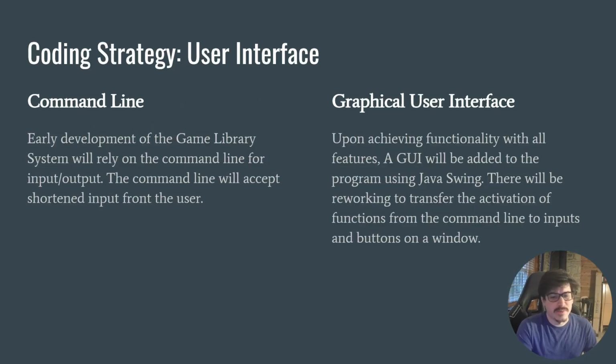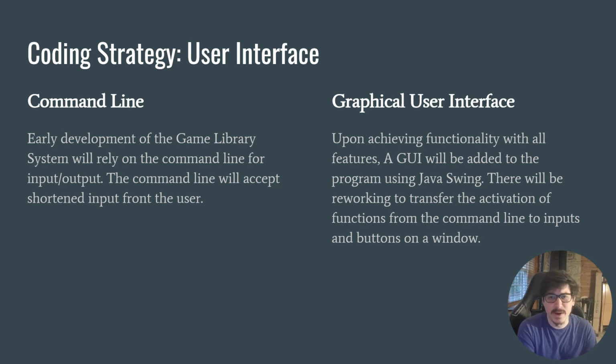So the project's going to start out using command line for the user interface. That's going to ensure that we have all the functionality and the database is working correctly, the game entries have all the information that they need, all the functions are able to communicate, and that there's not going to be any major errors.